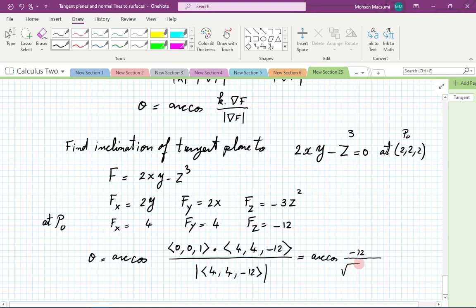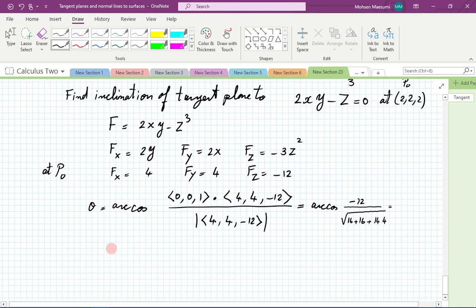That's going to be 16 plus 16 plus 144. So our cosine becomes minus 12 over, I have 144 and 32, which is 176. You can simplify it a bit, but in general, no. Okay, theta becomes this angle.